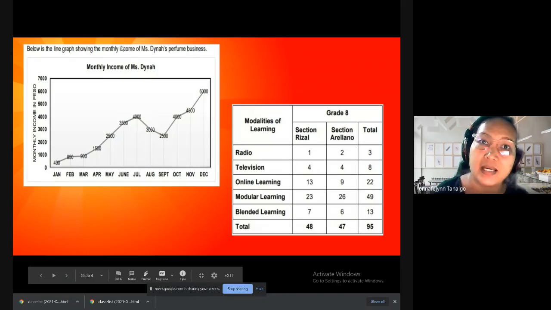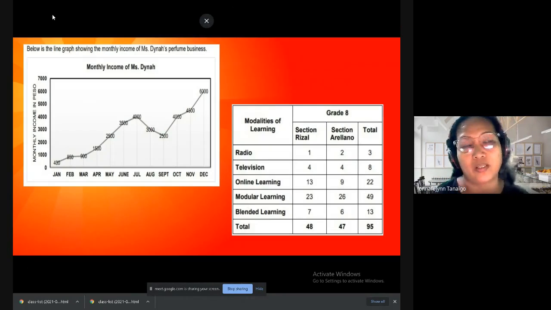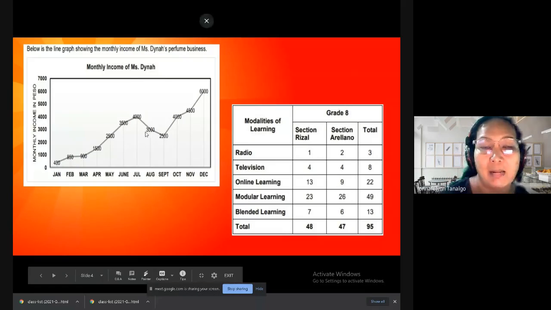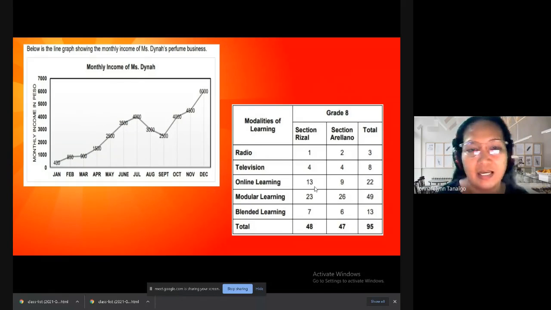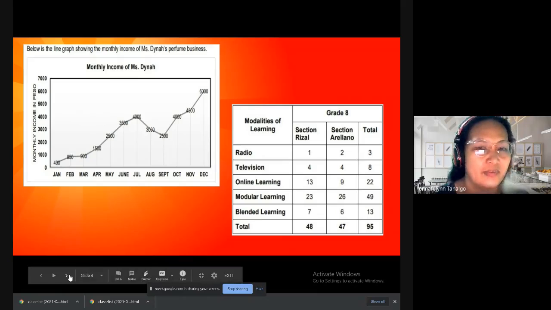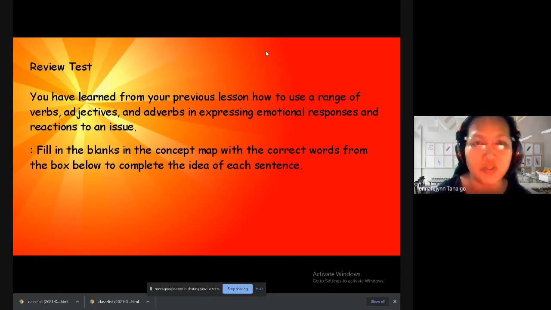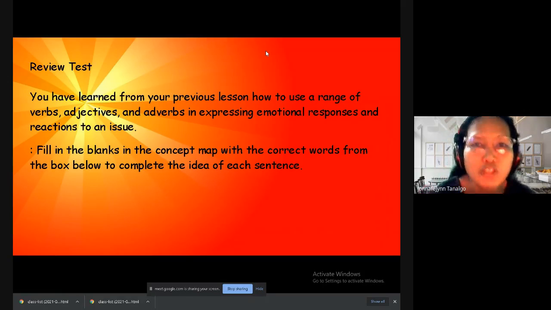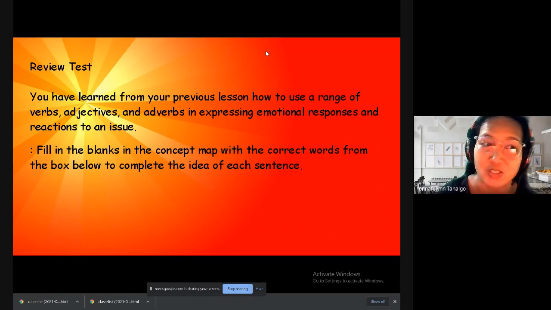Next, these are the graphs, or the visual-verbal relationships or texts, that you will be seeing in the Quizalize activity: the monthly income of Miss Dinah, then the learning modalities. Then the second one is the review test on what you learned from your previous lesson. We discussed last year how to use a range of verbs, adjectives, and adverbs in expressing emotional responses and reactions to an issue.